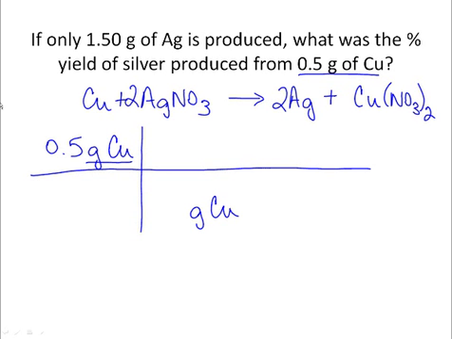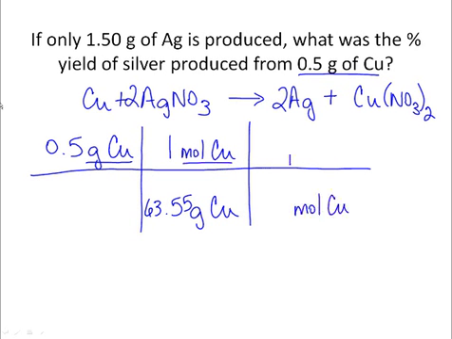And you're going to be putting out your molar mass of copper, which is going to be 63.55 grams. And that's going to be equal to 1 mole of copper. And then this next one, we want to do our mole ratio. So we're going to have moles of copper on the bottom to moles of silver. And this is where we need to take a look at our balanced equation. We have 2 moles of silver for 1 mole of copper.